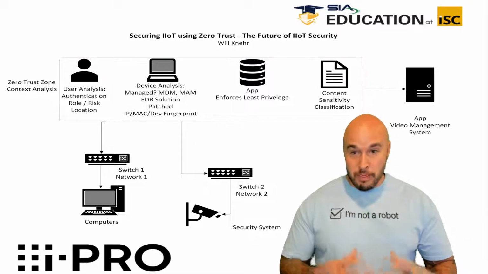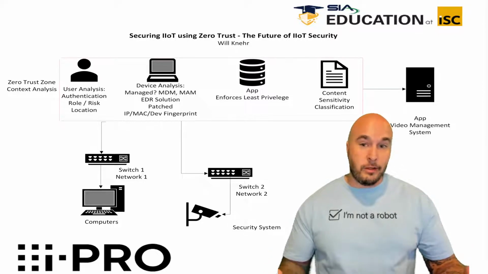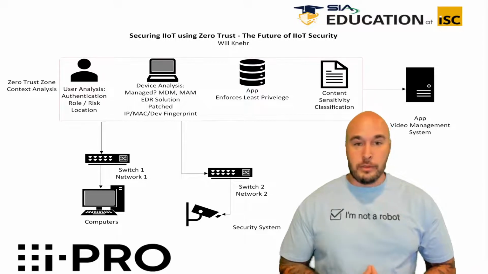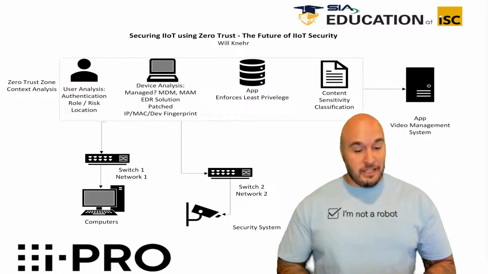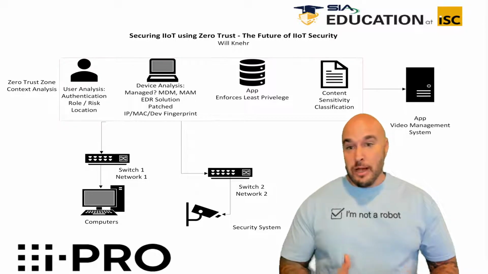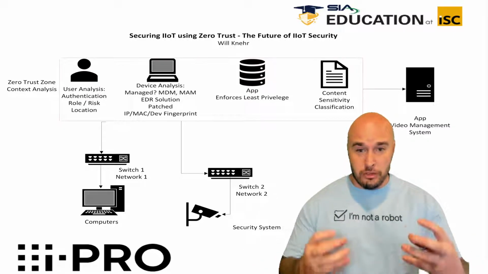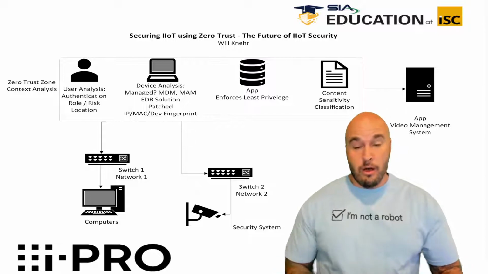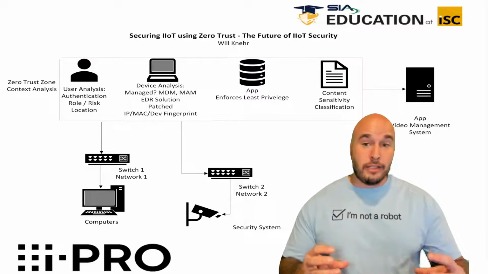An engine will look at it and say, okay, what are the privileges of this IIoT device? What is it allowed to do and where is it allowed to go? Then it will say, okay, is this the actual IoT device? Does it have a matching IP address or MAC address or hardware ID or whatever else we want to use to make sure that it's that device and that the device isn't being faked on the network? And then we can look at what that device is trying to do.